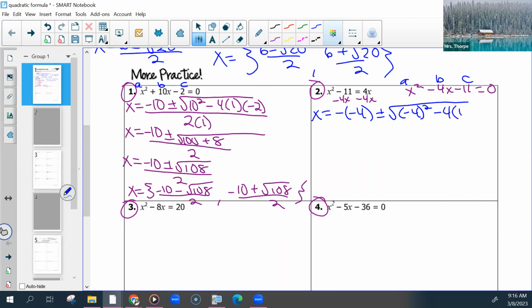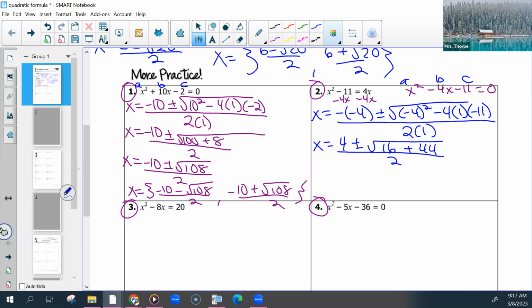Minus 4 times a times c, all over 2 times 2. Start to simplify, so we have positive 4 plus or minus the square root of, this becomes positive 16, this becomes a positive 44. 16 plus 44 gives us what?